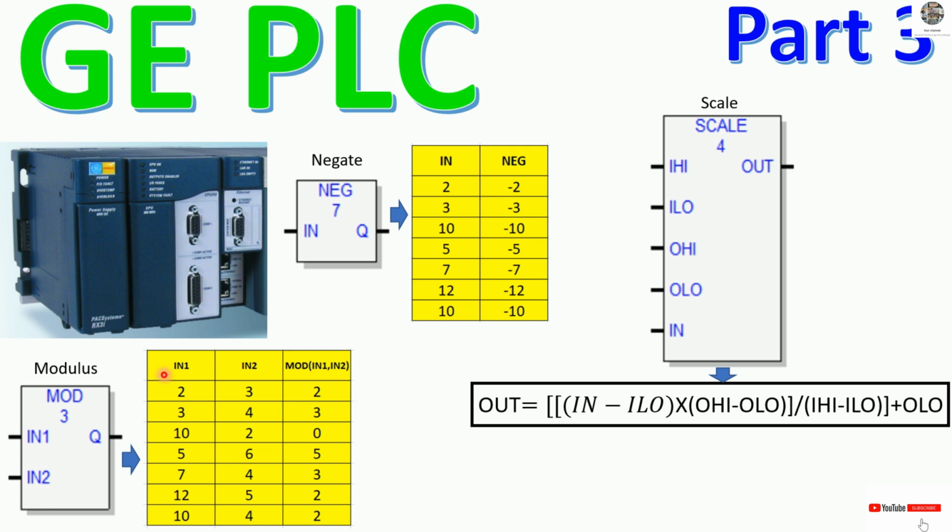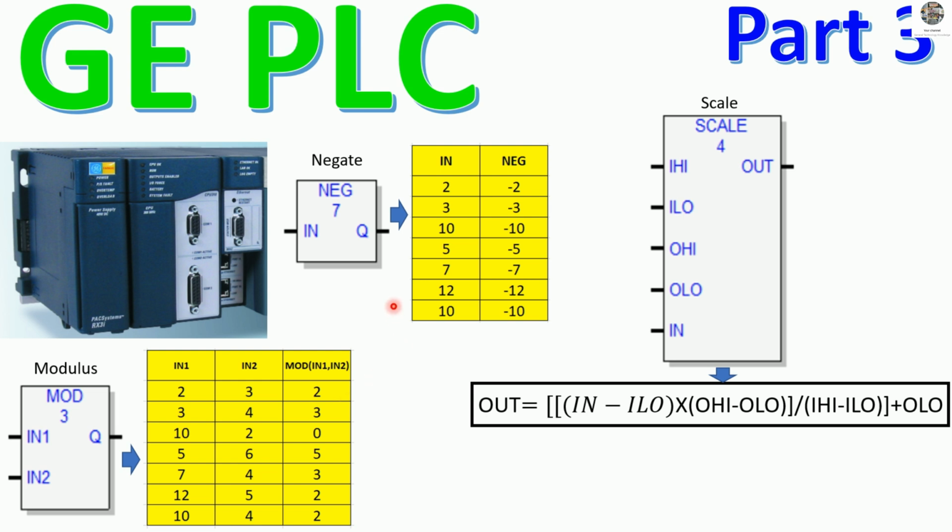For modulus, normally it has a function or formula. Example: mod 2 and 3 equals 2, mod 3 and 4 equals 3, mod 10 by 2 equals 0. This is an example, and we will test our program by simulation.